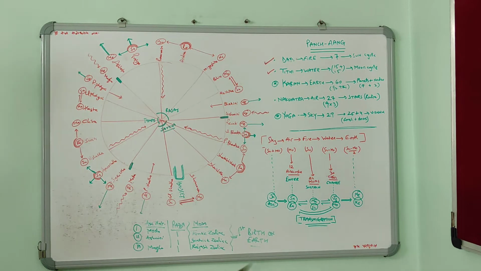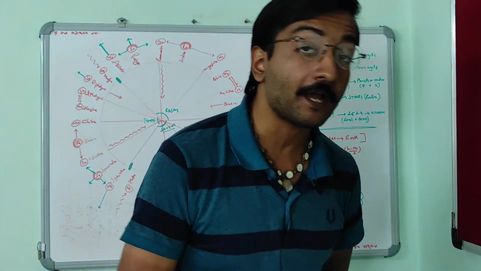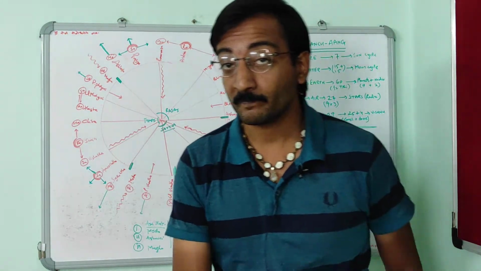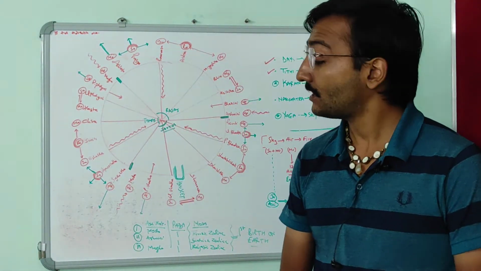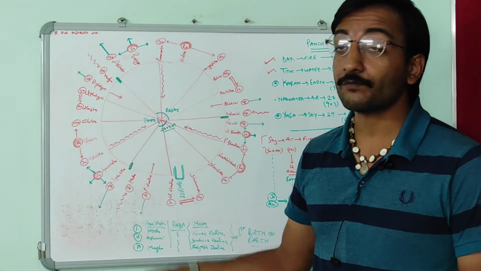Okay, so if you want to see whether it is your first birth on earth, these are the only three things which can denote or deny that. Most of the people will not have these things in their chart, but if you are having these things, make sure that this is your first birth.